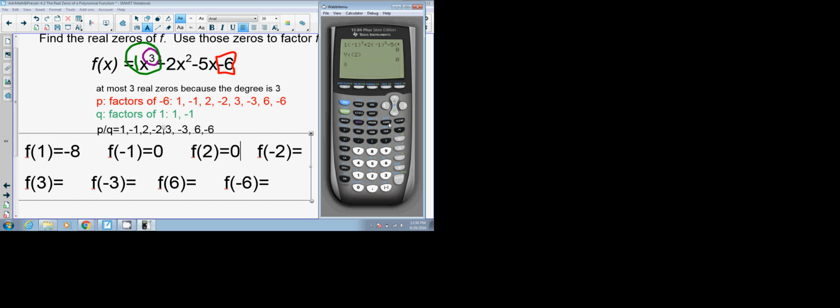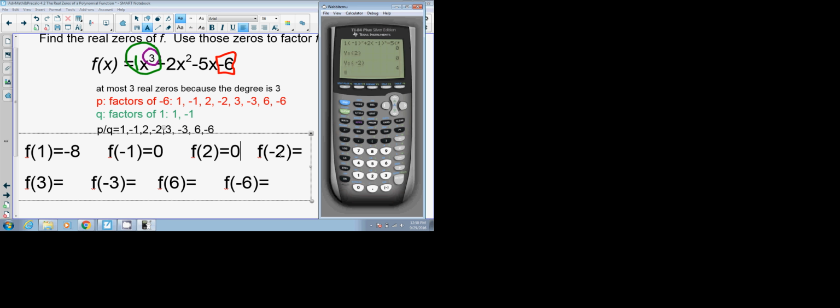So again, I'm going to try negative 2 now. So vars, because already in my y1 I have the function, I'm going to vars, y-vars, function, choosing y1. Ooh, not in there. Let's change that back to an x. On my main screen, I'm going to go to vars, y-vars, function, y1, and then type in the negative 2.